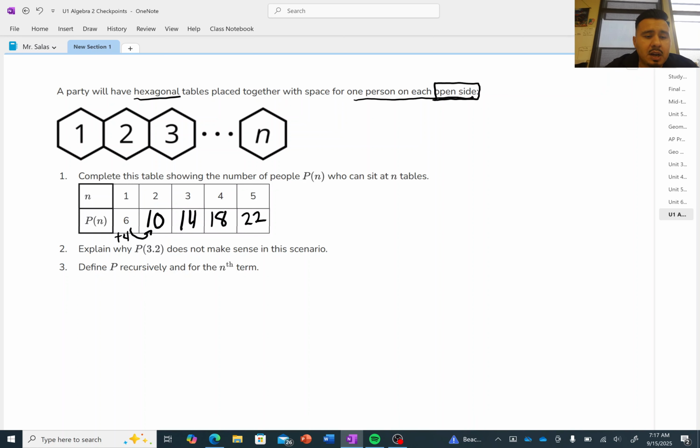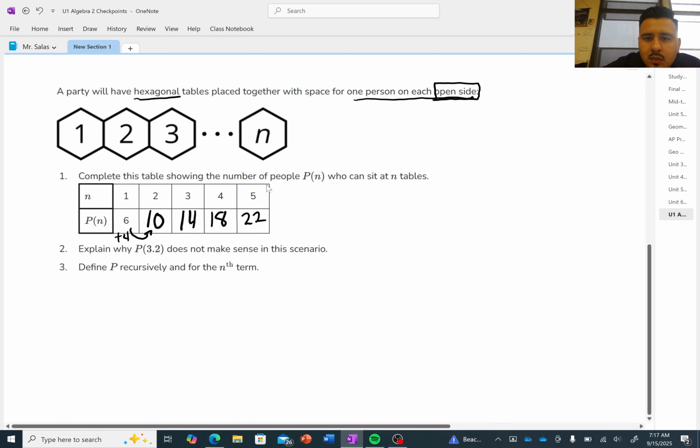Explain why P of 3.2 does not make sense in this scenario. So why can't I have 3.2? What does the 3.2 represent? P of n, they tell you right here, represents the number of people.